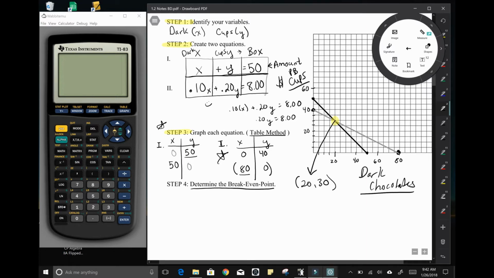Now determining this, don't just write 20, 30, because what it means is I need to produce or pack 20 dark chocolates and 30 peanut butter cups for us to break even.